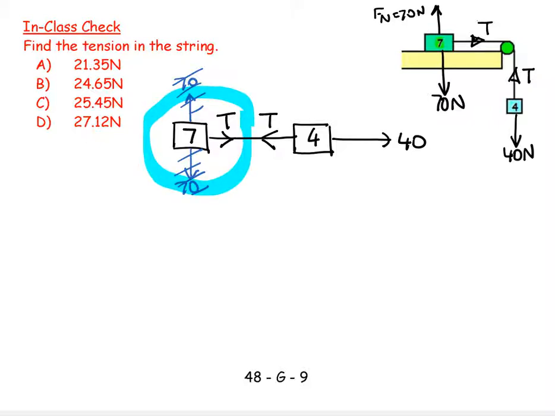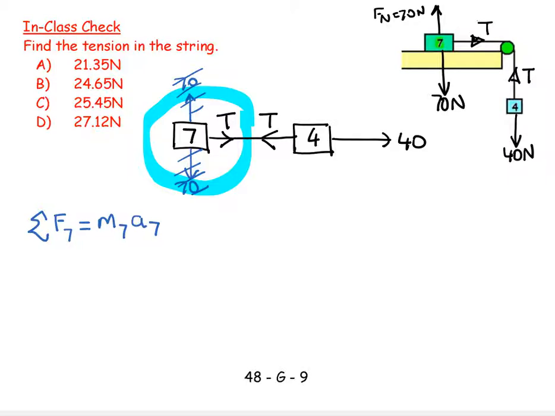So I'm going to say the sum of the forces on the 7 kilogram is equal to the mass of the 7 kilogram times the acceleration of the 7 kilogram. And so I say, okay, well, fair enough.